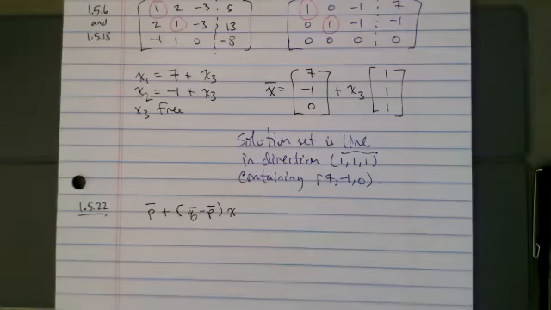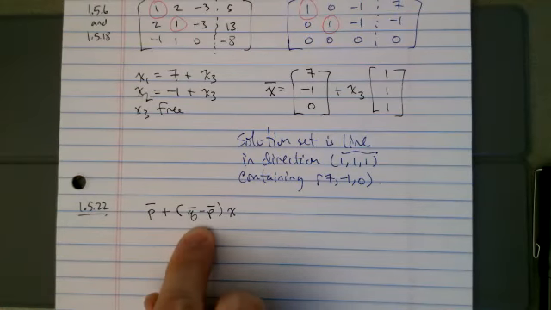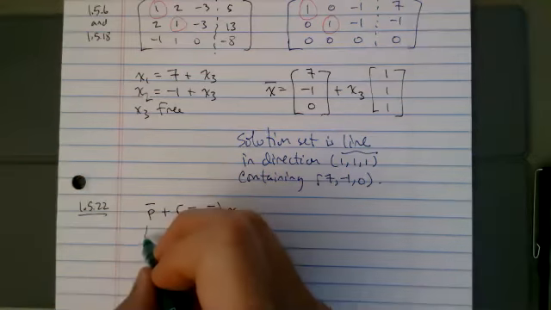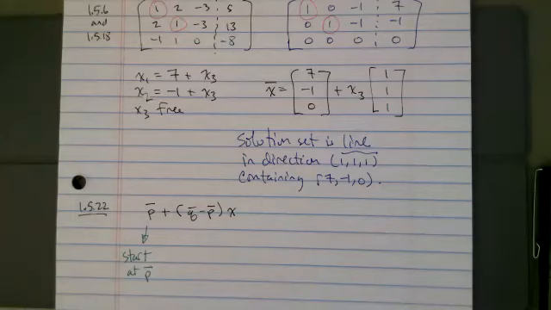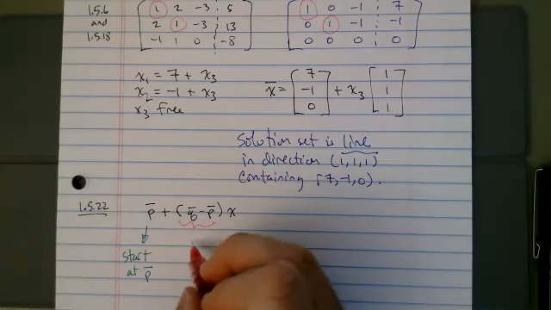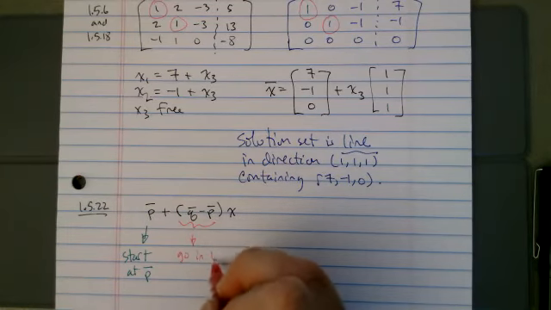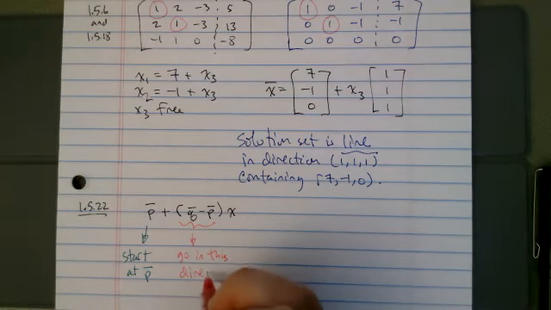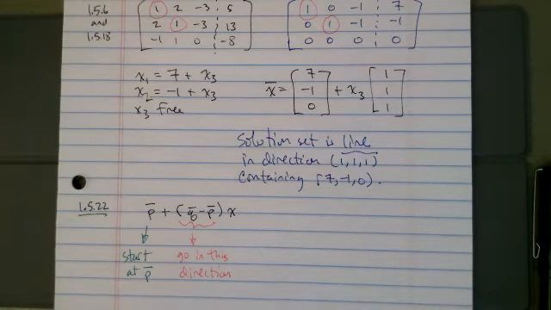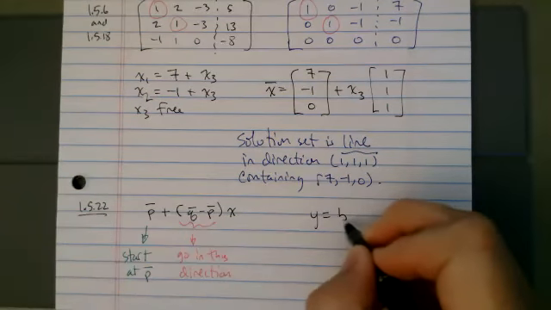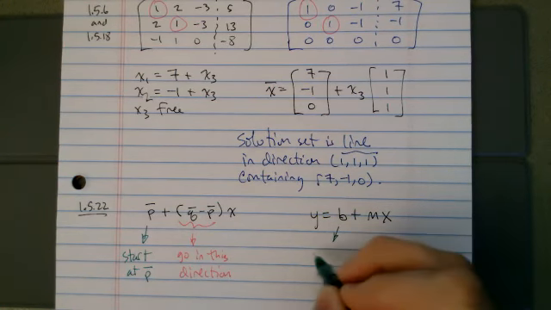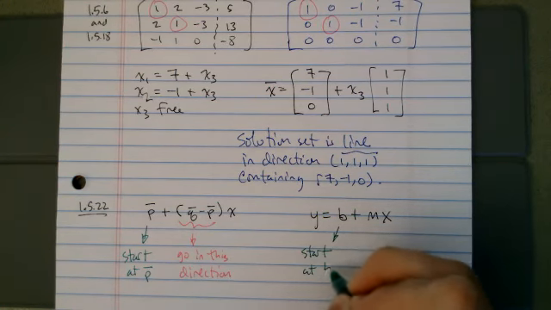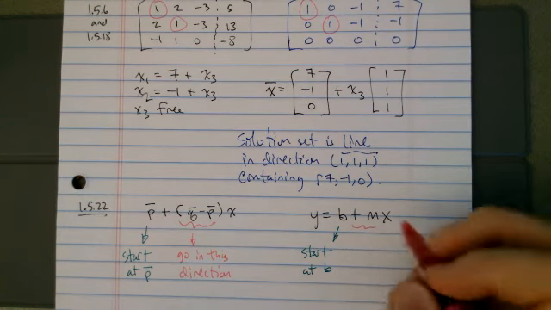P is where it starts, and Q minus P is the direction. This is just a variation on the equation y equals b plus m times x, where we start at b and add m a bunch of times.